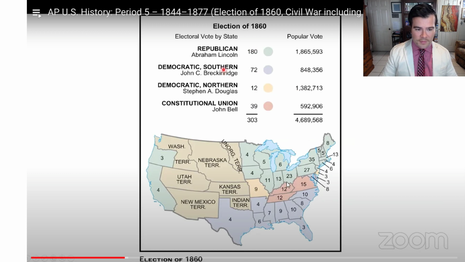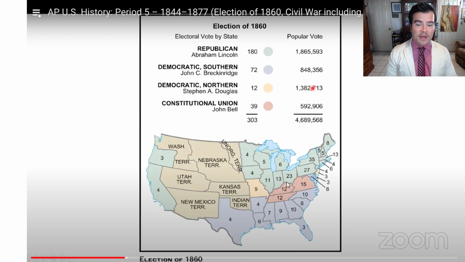And also, if you combine these 3 dudes into one dude, they would have totally beaten Lincoln, right? 1.3 million, almost a million here. So almost 3 million people, like 2.8 million, were against Lincoln.